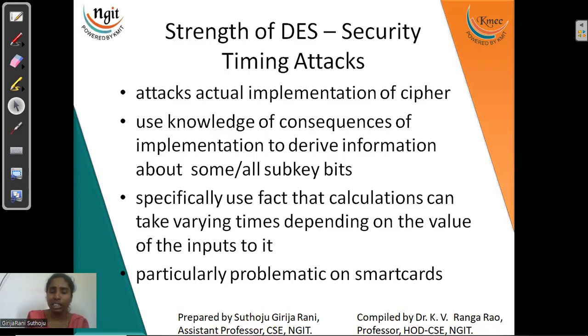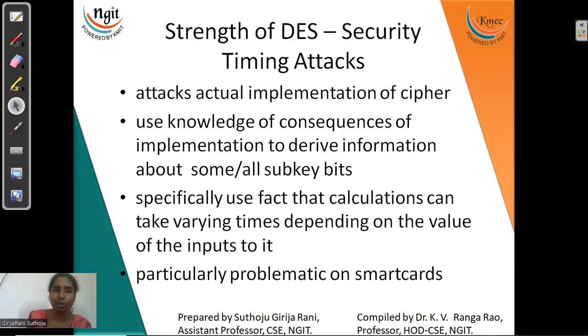So this is the strength of DES depending on timing, where the inputs vary in the timing attack. If the input is very small, the timing attack will take very little time, and it may be cracked within 20 hours. If it keeps extending, the time also extends to 2 days, 5 days, like that. So this kind of attack is very problematic.